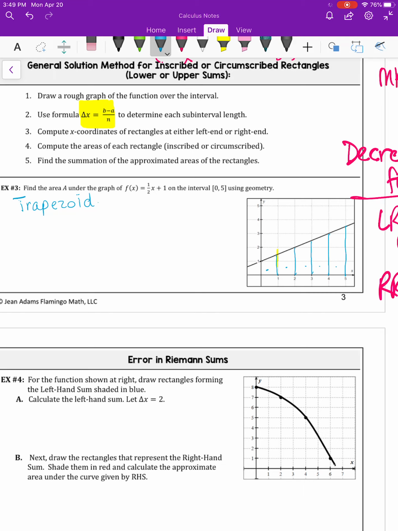These are actually trapezoids: 1, 2, 3, 4, 5. So we have 5 trapezoids here, okay? If we wanted to, instead of using LRAM, MRAM, or RRAM, we could use a trapezoidal approximation.